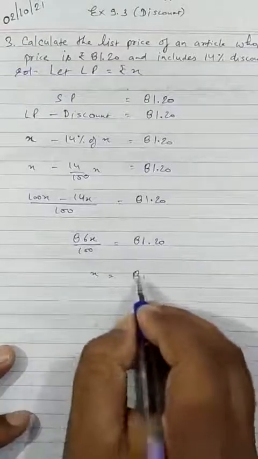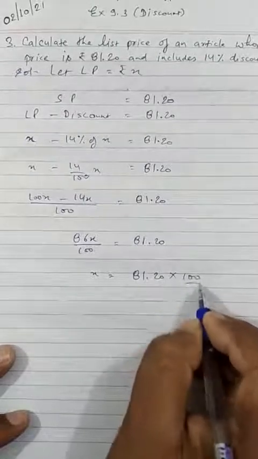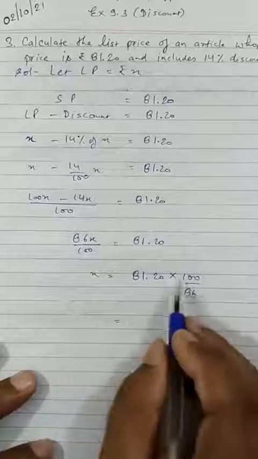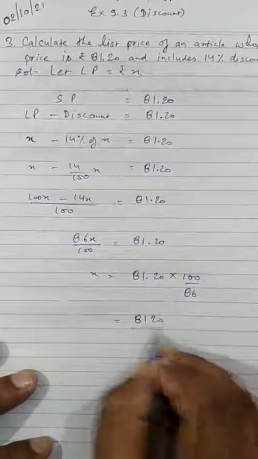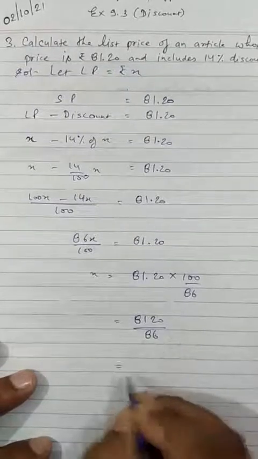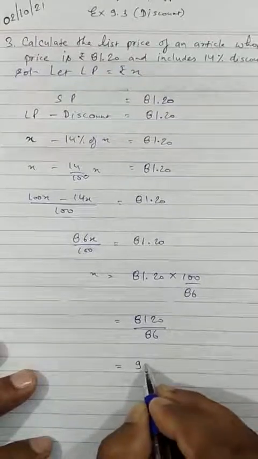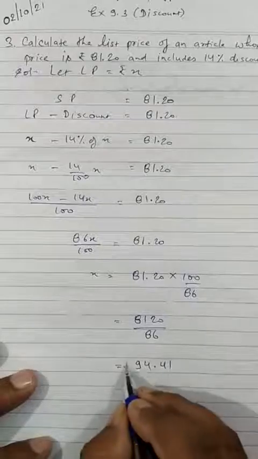So x equals 81.20 times 100 upon 86. On multiplying these two values, we get 8120 upon 86. When you divide this, you get 94.41. So this is the list price.